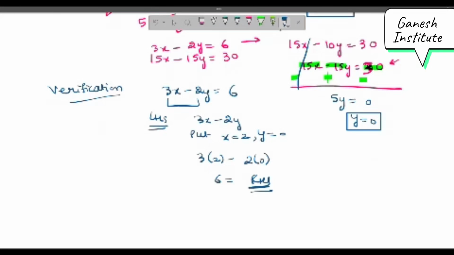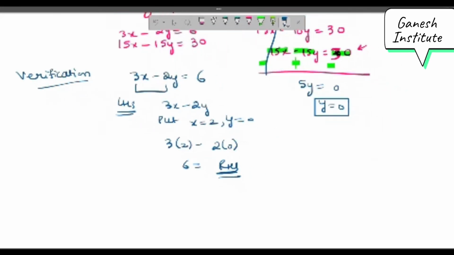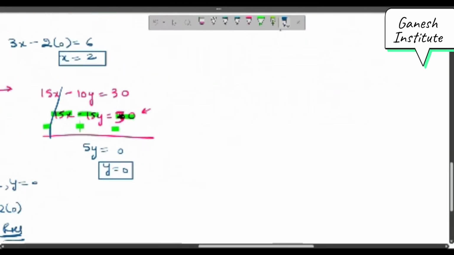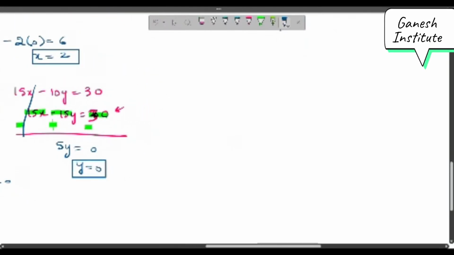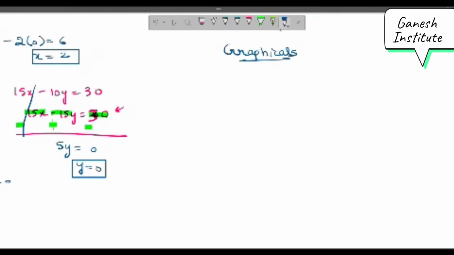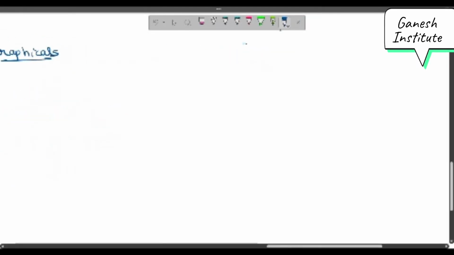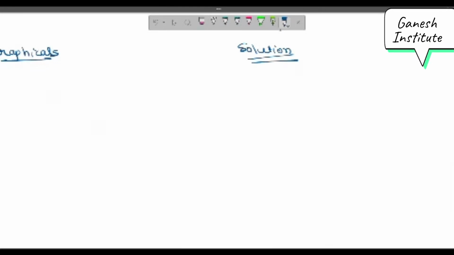Okay, great. So this is it about the elimination. Now, if I have to find out how many solutions, first of all, what is a solution? A solved equation, something that you've solved for.